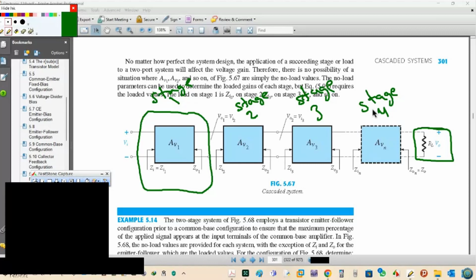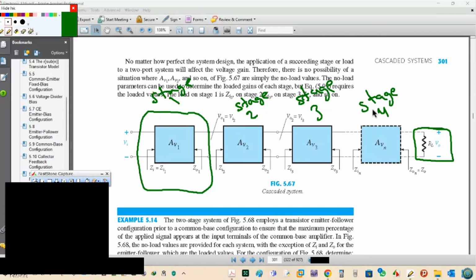Why do I need a cascade system? For example, I need a big amplifier. So instead of using one transistor or one stage with a big amplifier with big heat, I try to find many stages. So this stage, for example, can produce less heat, and maybe it's cheaper than using one big, expensive transistor for this case.